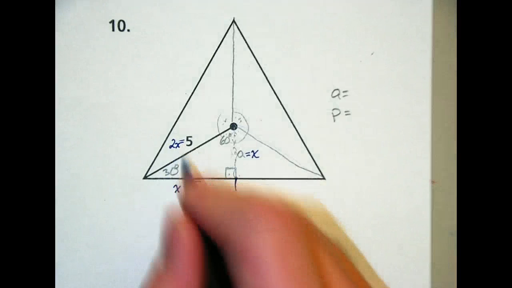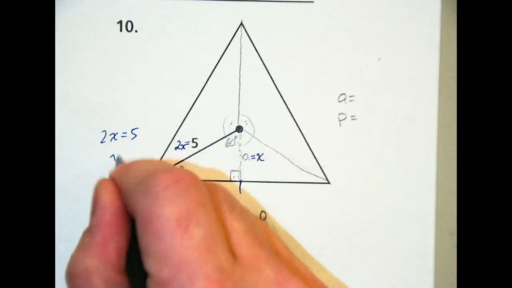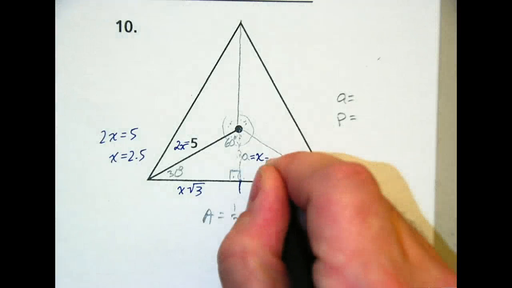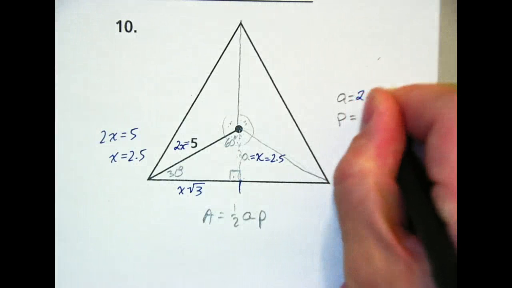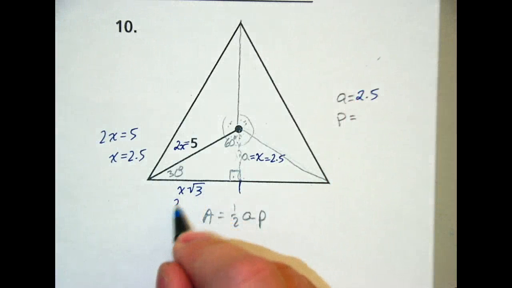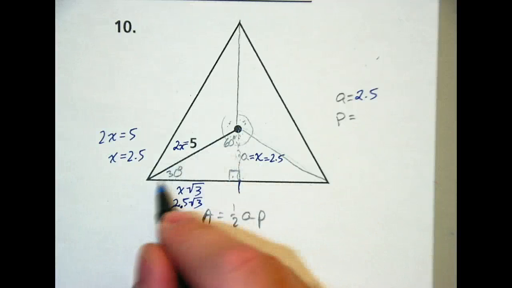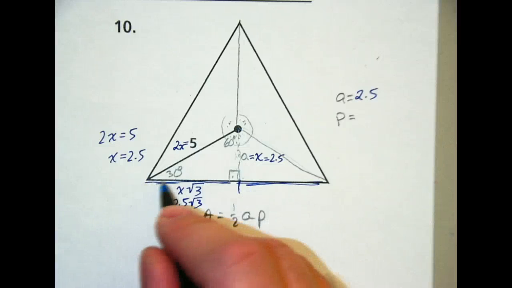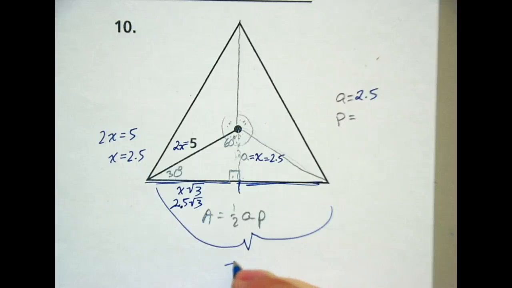So if 2x is 5, 1x is 2.5, or 5 halves. So this is 2.5, fine as long as it terminates. So A equals 2.5. Perimeter is 2.5 root 3. How many 2.5 root 3s do I need? 6. Yeah, we need 6. So 2 per side. Or you can think of one whole side as 5 root 3.